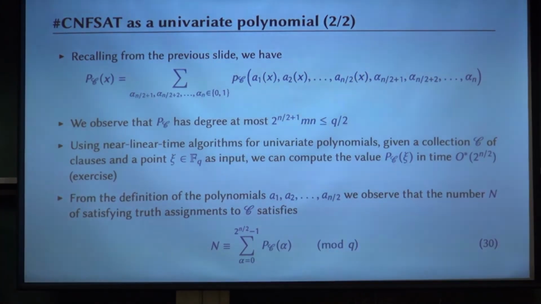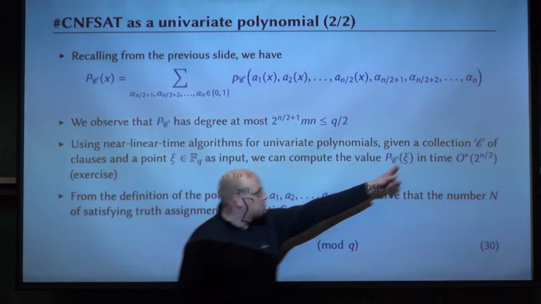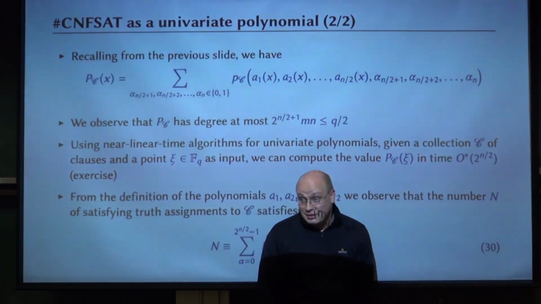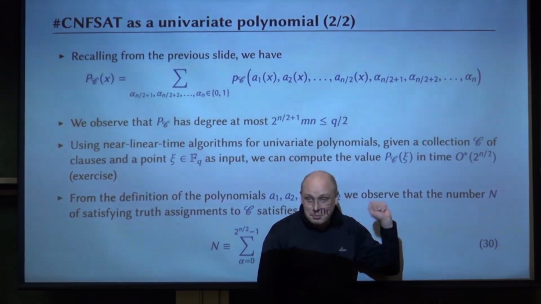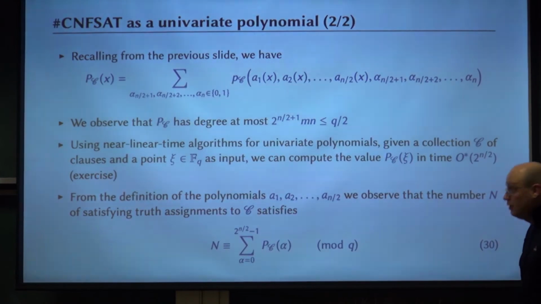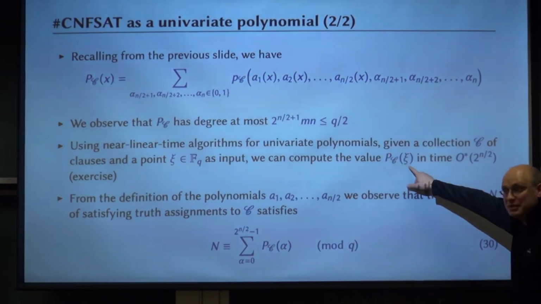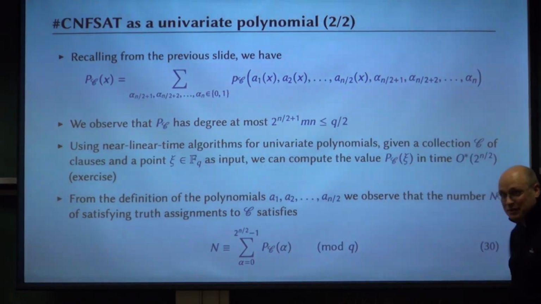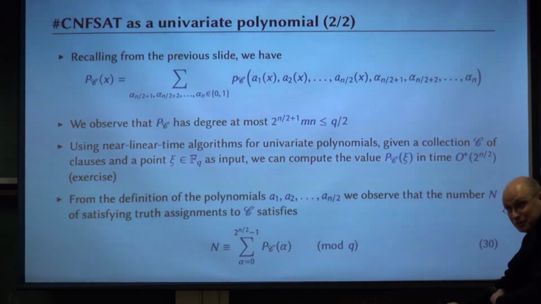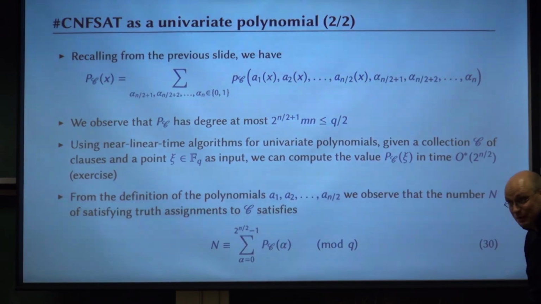I don't understand how the proof is prepared, assuming that you don't have the polynomial, only oracle access to it. Yes, you have a black box that gives you the polynomial's value at point xi, and the black box costs you this much. So to recover the polynomial, because we know an upper bound on its degree, I can run the black box at sufficiently many distinct points so that I can use fast interpolation to recover the polynomial.